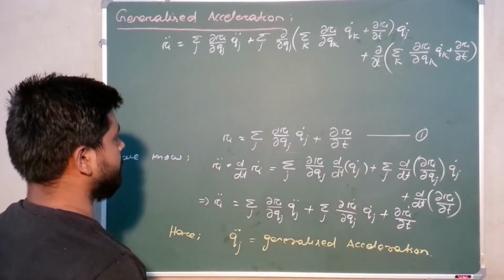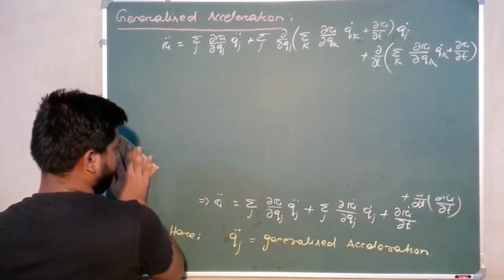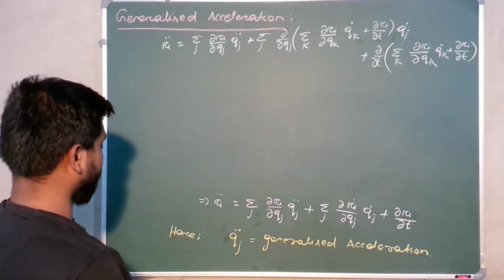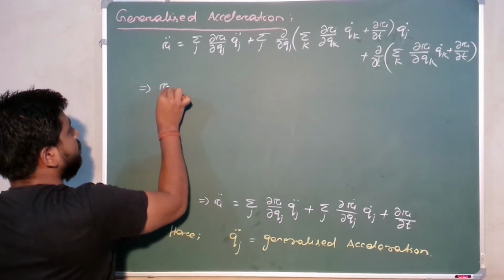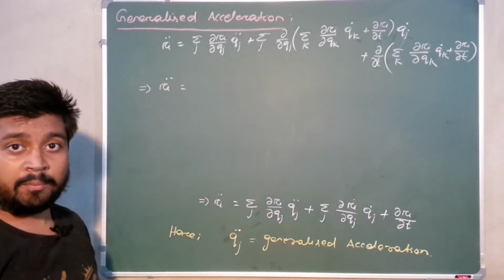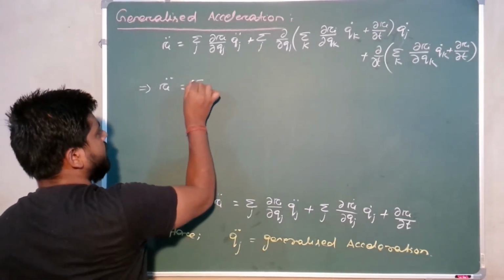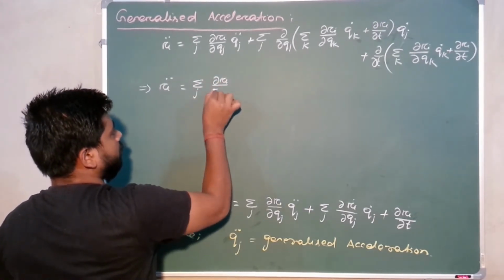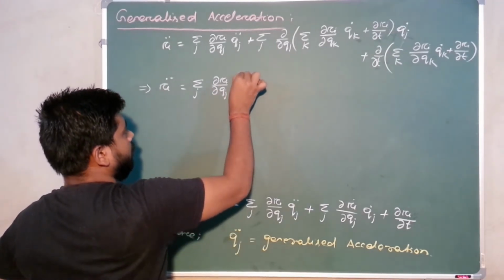Then just simplify this. ri double dot is the acceleration in configurational space, yes or no? The first term is as it is, qj double dot.